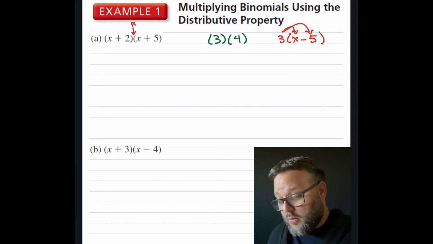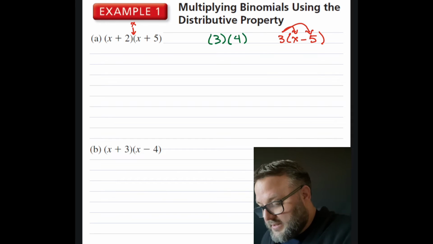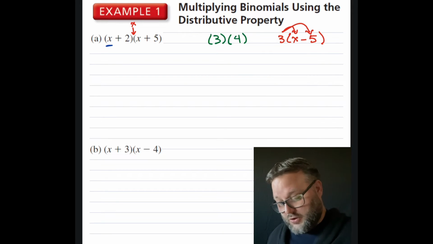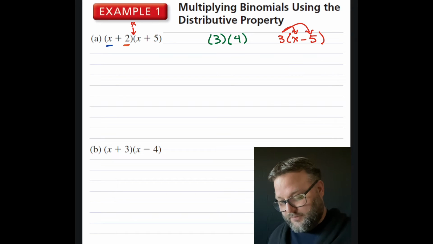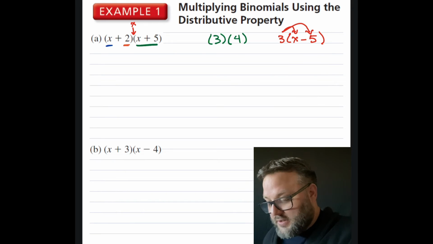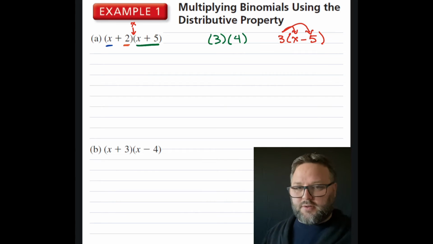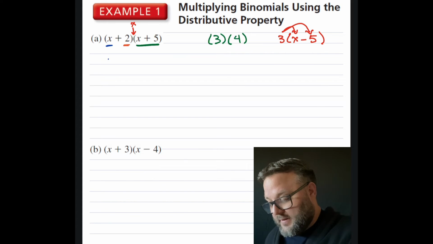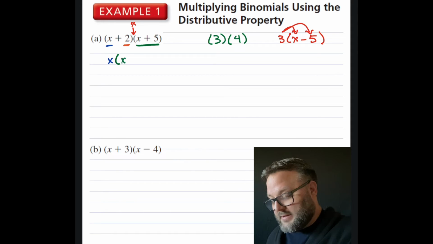Now, how we would do that using the distributive property is we would look and say, here's an x term and here's a constant term, and then here's an entire group. Now, yes, there's an x term in the second one, there's a constant term in the other one, but we don't want to look at it that way, because we want to take this x and multiply it by that second group.